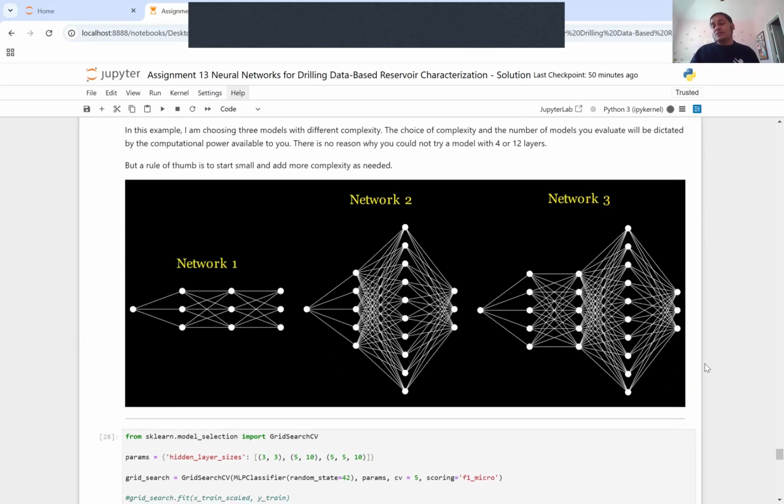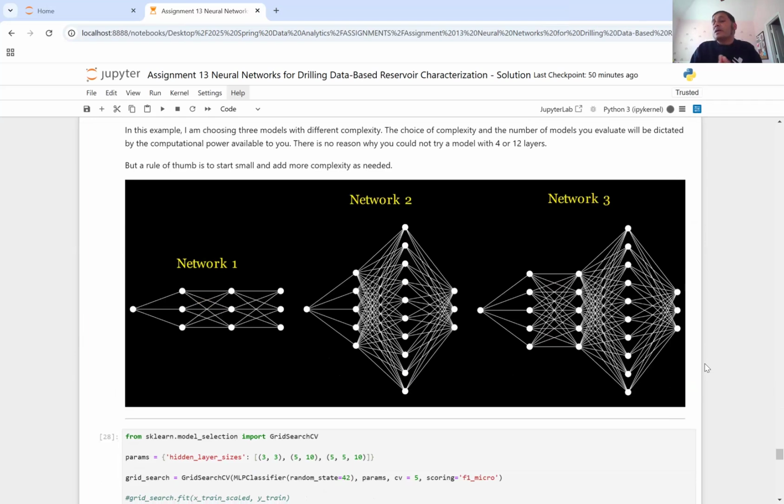What I chose to illustrate was whether we're able to accomplish approximately the same with networks of lower complexity. And it turns out that in terms of the F1 scores, no, we were not able to achieve that level of performance, and that's fine.